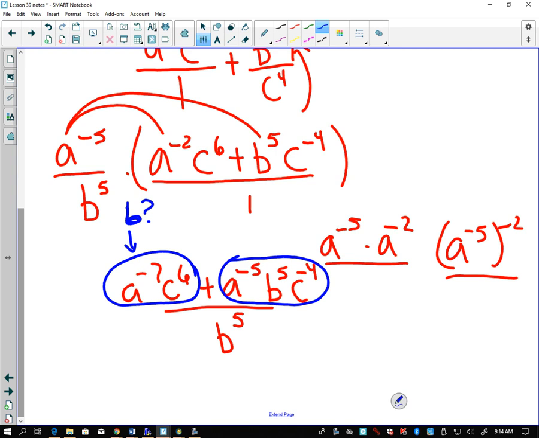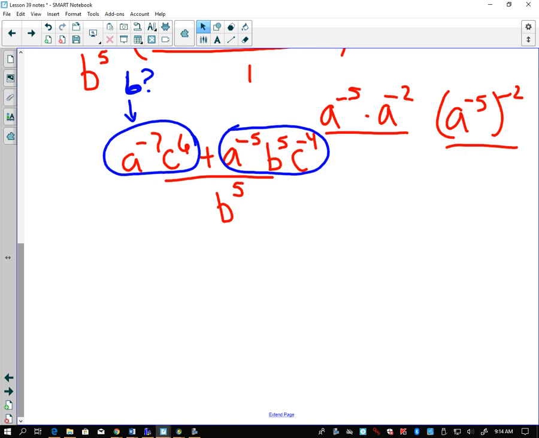Okay? So I can't take 2x to the third and add 2x to the fifth. Those x values are separate. I can't add those. Okay, it's apples and oranges. So it's not just the fact that it doesn't have a b, it's the fact that this is a to the negative seventh and this is a to the negative fifth. You see the difference?